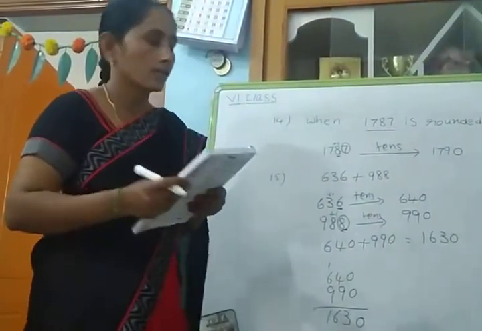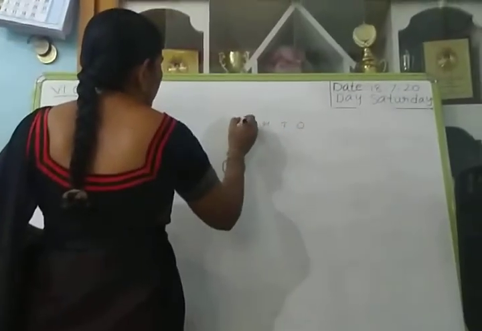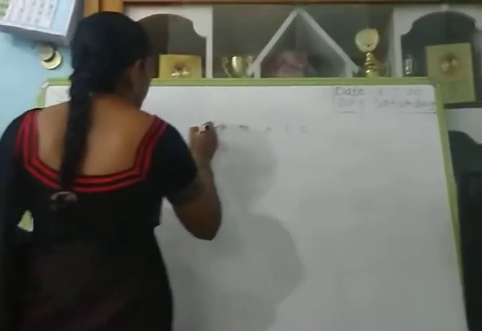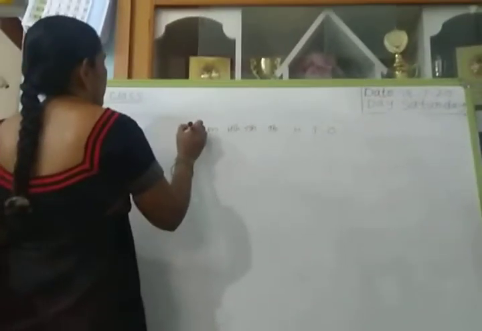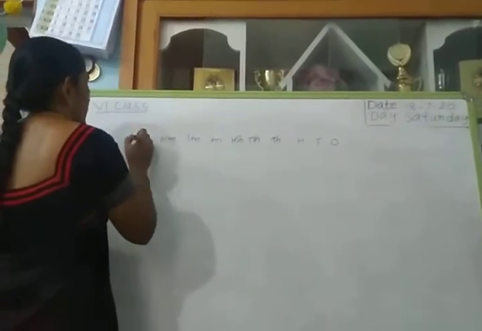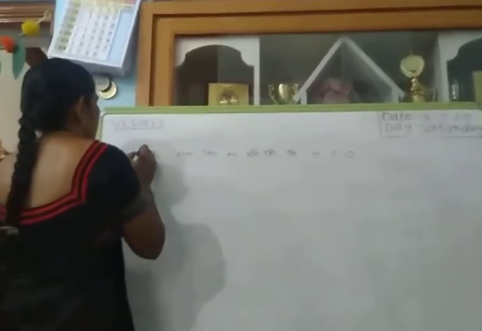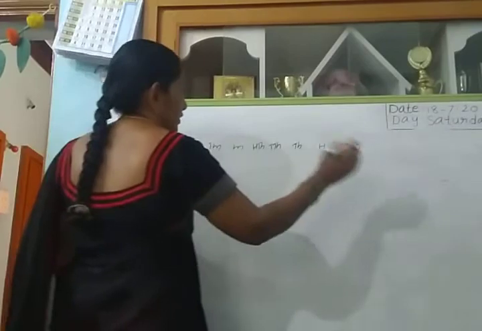1 million is equal to. See, already we know the Indian system and the international system. 10 million, 100 million, billion, like this we will get in the international system.